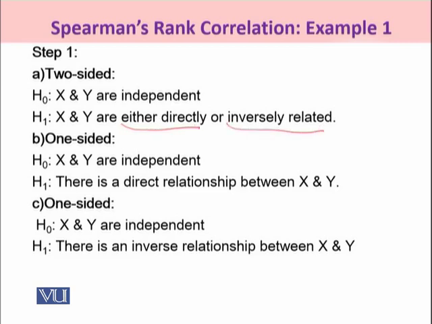Under the one-sided test, we have two cases. In case B, we would have the alternative that there is a direct relationship between x and y. Under C, the other possibility for the one-tail test, the alternative hypothesis can be that there is an inverse relationship between x and y. By inverse relationship, we mean that both variables are moving in opposite directions.